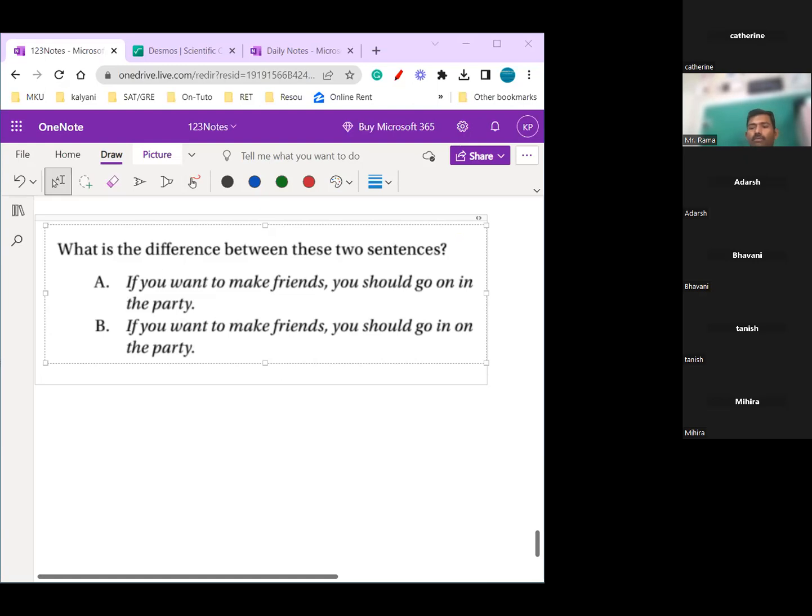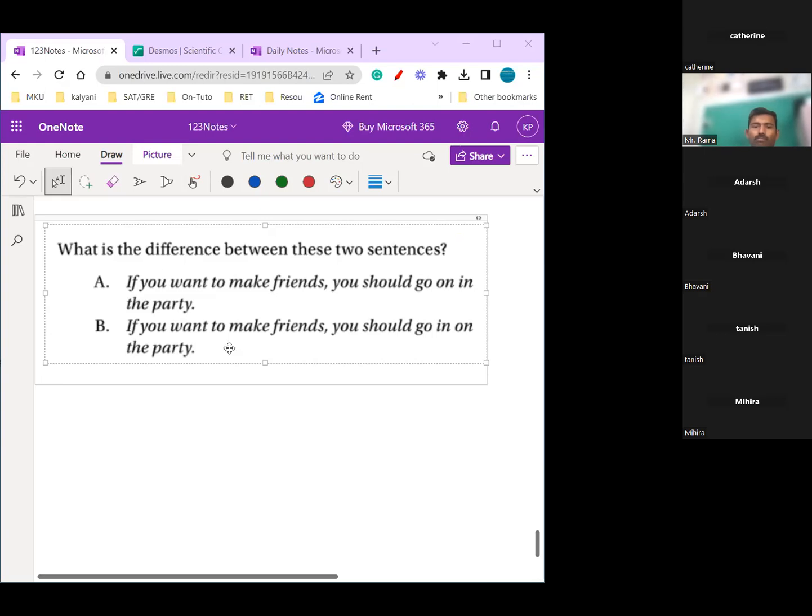When it comes to idiomatic phrases and the standard parallel construction we talked about in the last couple of sessions, the preposition matters by convention. For example, Thai food is very different from Chinese food.